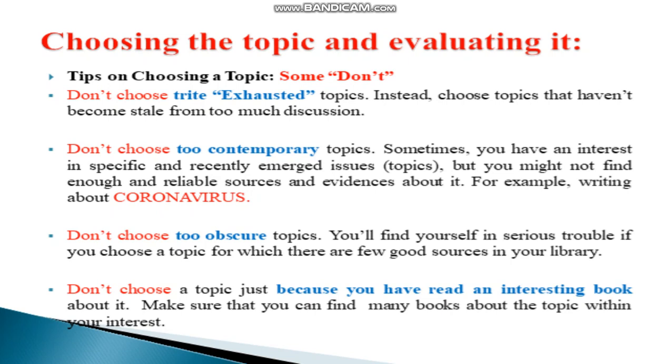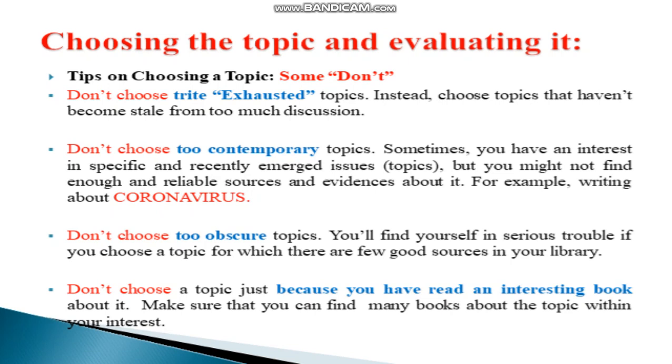This means that some of the topic is still available for doing further research in terms of its content and of its methodology. So they still need to be researched.